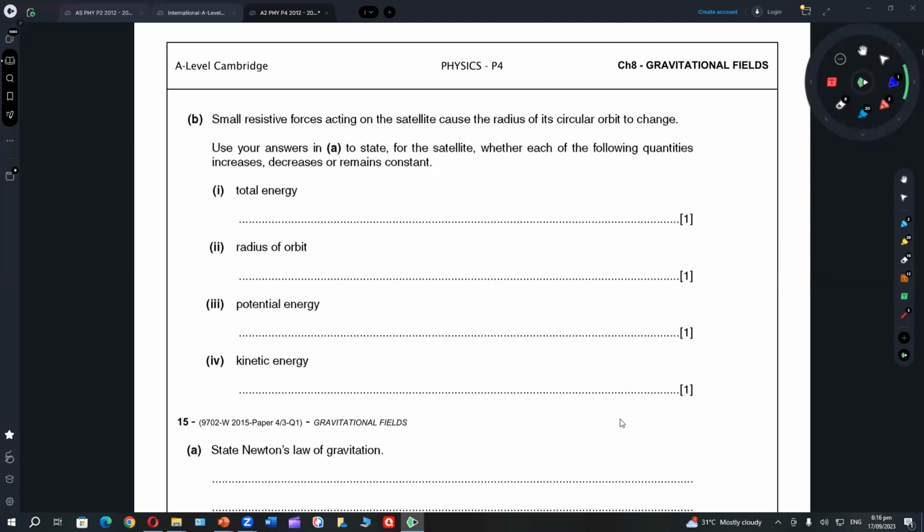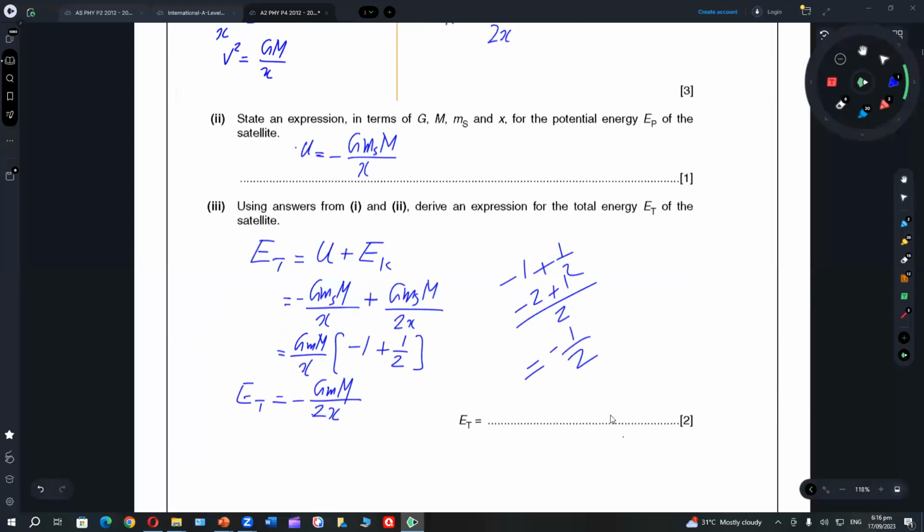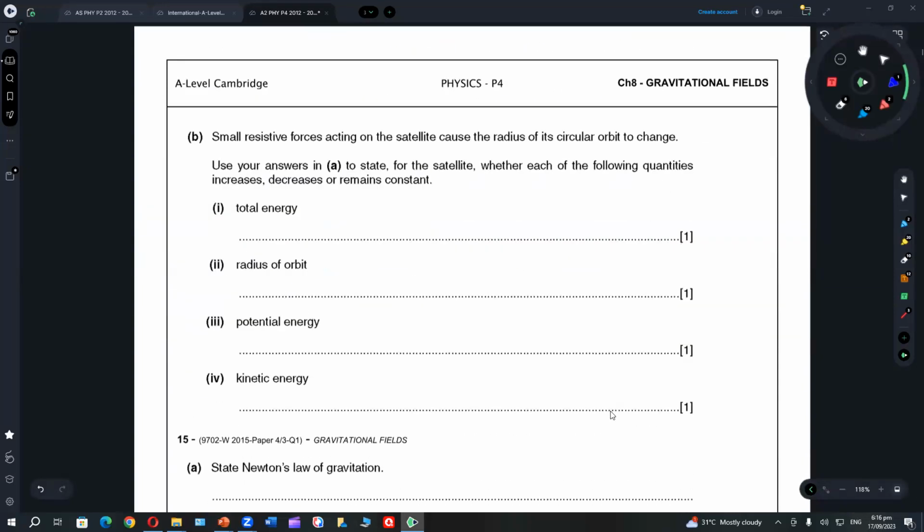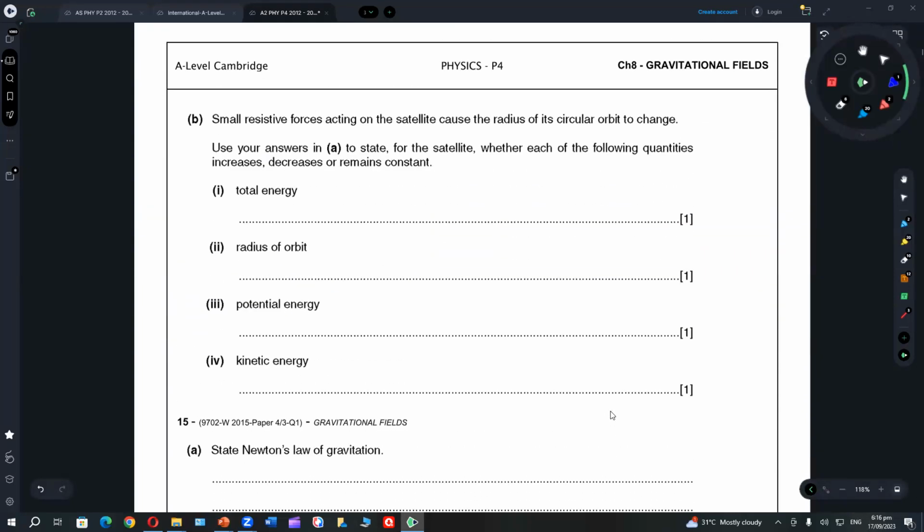Use your answer in A to state for the satellite whether each of the following quantities increase, decrease, or remain constant. Now you have to look at the previous parts, all of them. You have to see the plus minus. And he says that satellite orbit is changing.